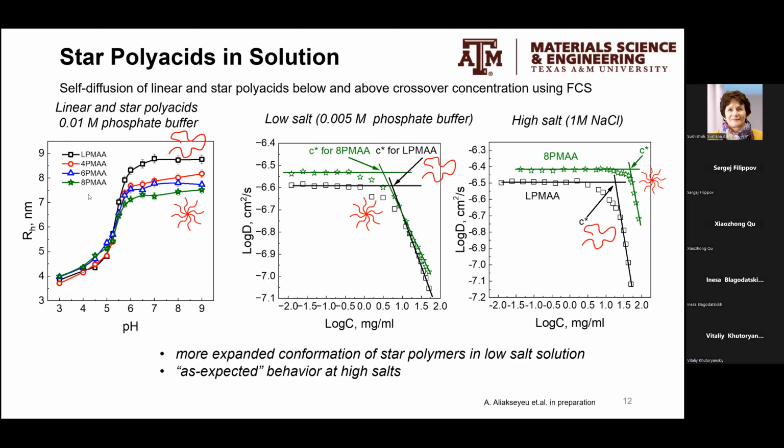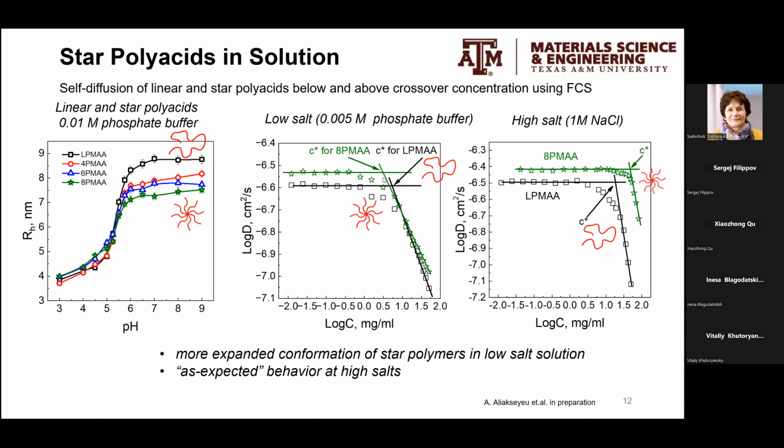So the next thing we did: this graph on the left was performed at extremely dilute solutions. And then we moved on to look at the solution regimes of star and linear polymers. The graph in the center is made when we were mixing the fluorescently labeled molecules with unlabeled ones. And we went to high concentrations, going from this extremely dilute solution to the semi-dilute.